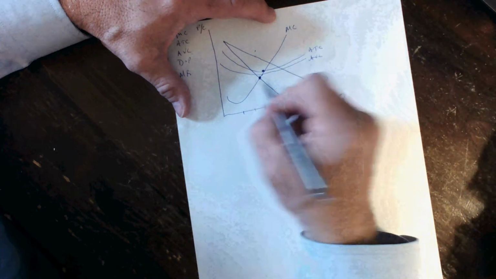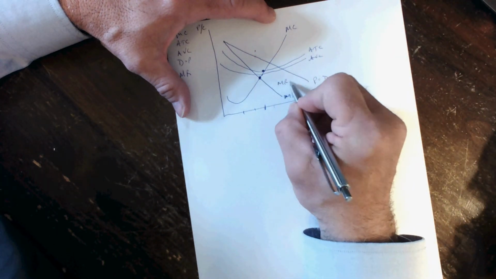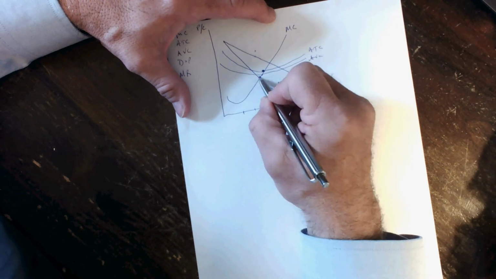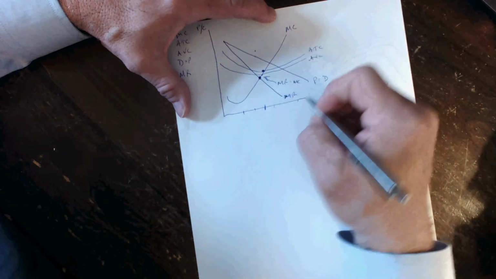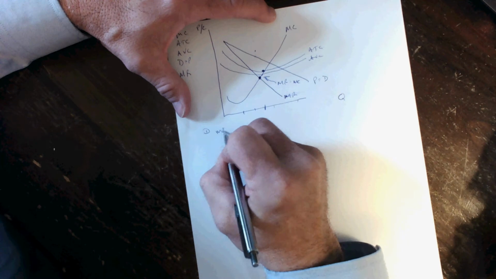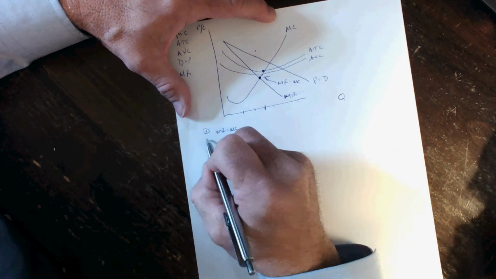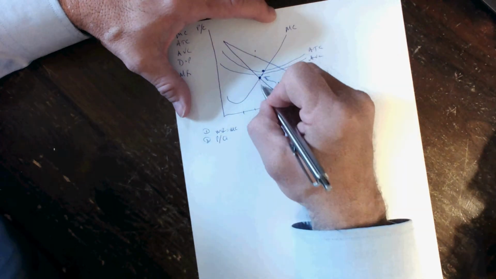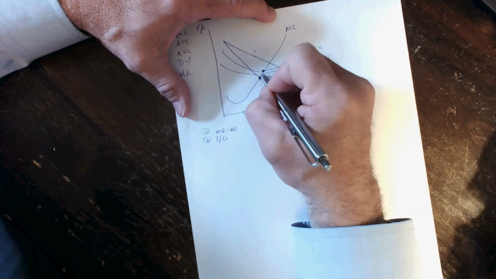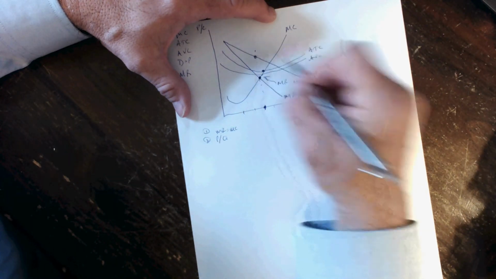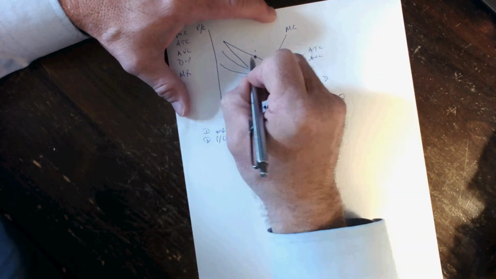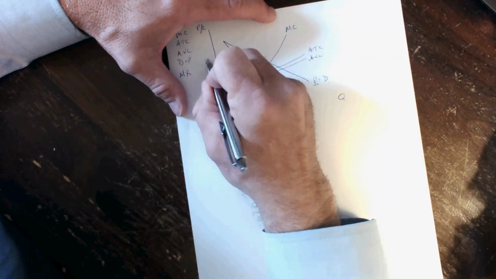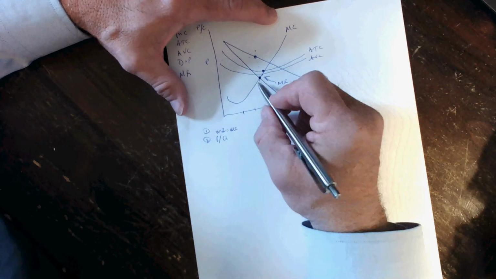So find marginal cost, marginal revenue equals marginal cost. Find price, quantity, that results. Go down to find the quantity, go up to find the price from the demand line. This will be your price. We're no longer concerned with that intersection.